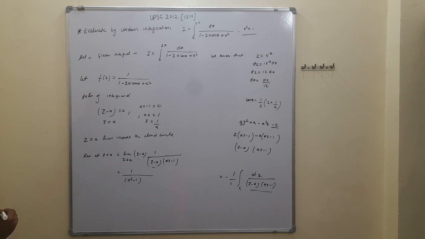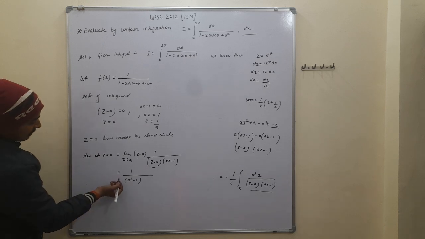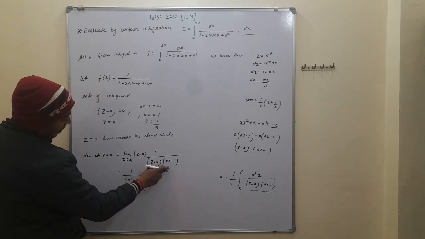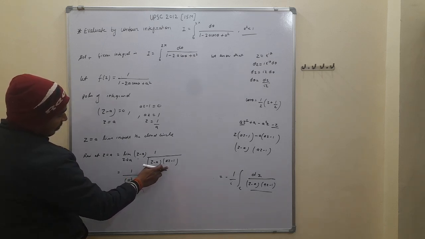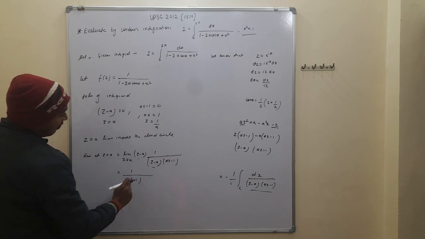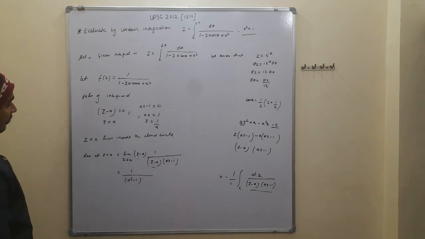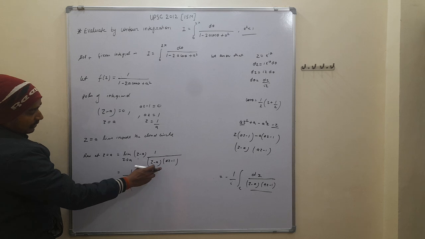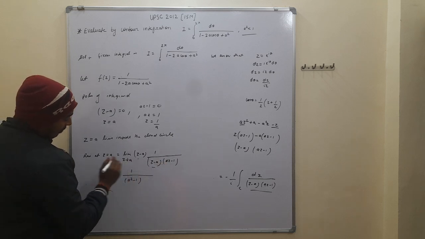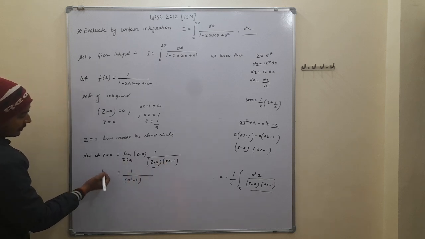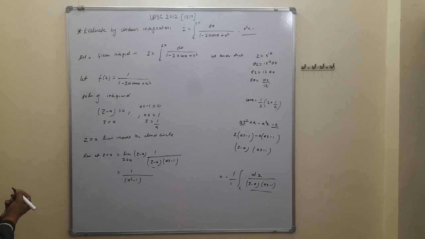And here the pole is z is equal to 1 by a. So we have to put here, in place of z, simple poles, once again we have to put z is equal to a, this is a square minus 1, this is the residue at z is equal to a, so we have to use Cauchy residue theorem.